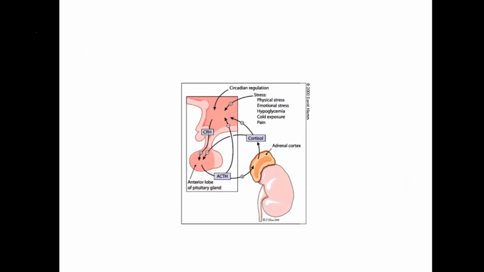So before we proceed further, let us look into the hypothalamic pituitary adrenal axis. Here we have the hypothalamus, here we have the pituitary gland, and here we have the adrenal glands. What controls the cortisol secretion from the adrenals is the hypothalamus. The hypothalamus will secrete what is known as corticotrophin releasing hormone.